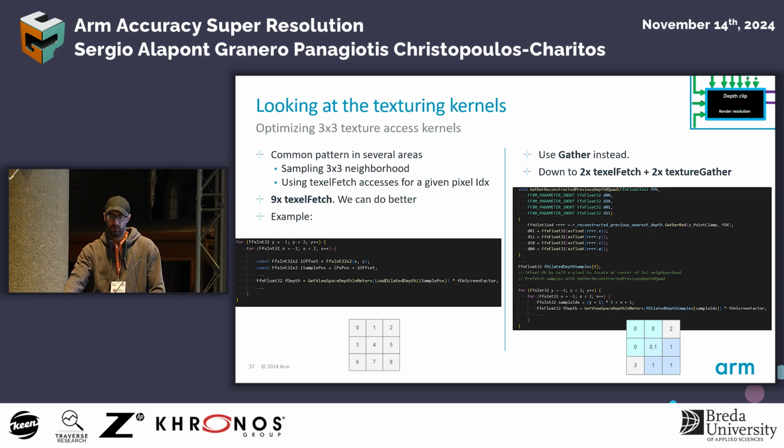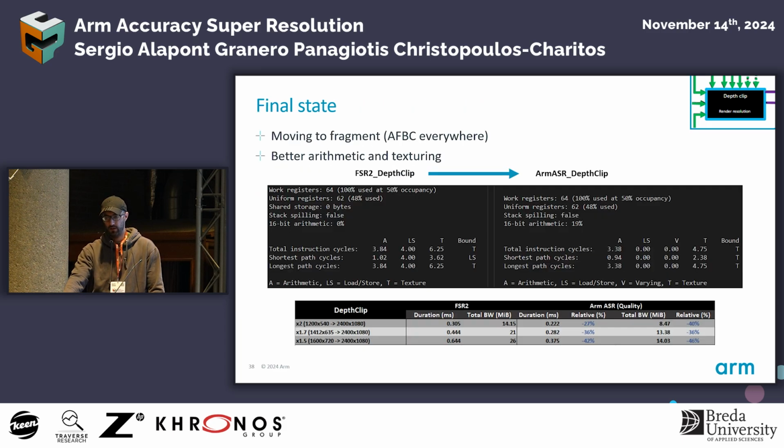And this resulted in 4 texture operations instead of 9. And this is the final state of depth clip. The texture optimizations, along with some FP16 conversions and the move to FBC, decreased the duration by 27% for the 540p case. But the biggest improvement was bandwidth by 40%.